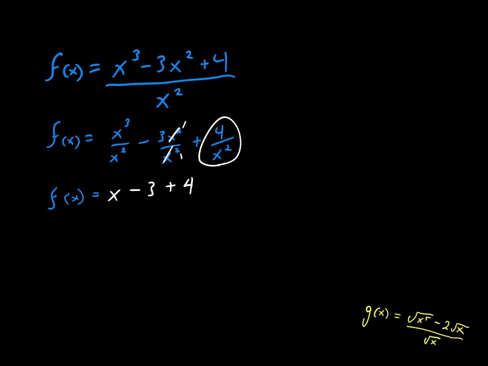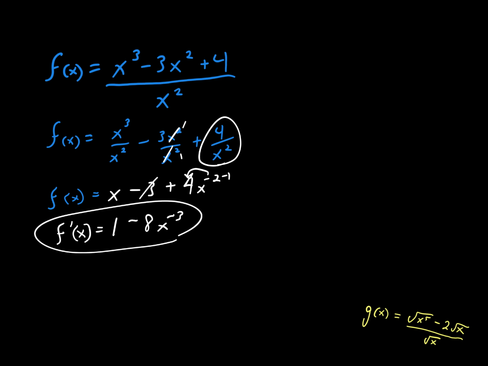So it's 4x to the -2. That right there is a pretty darn easy derivative to take. Let's continue. The derivative of x. Constants become 0. You multiply this and you get -8. And don't forget, when you subtract 1, you get a -3. There is the derivative with a negative exponent. And here is the derivative without a negative exponent.